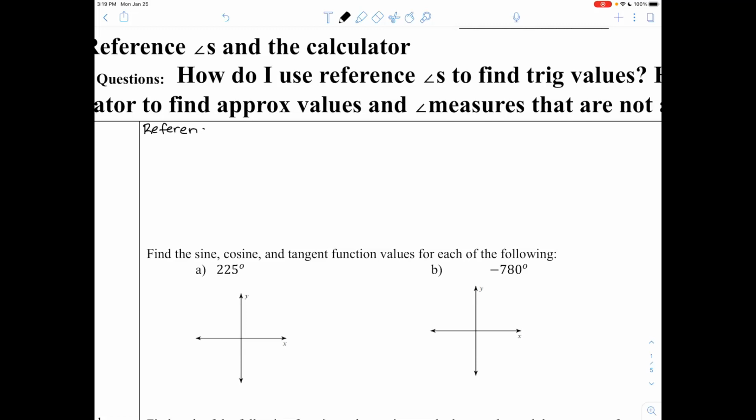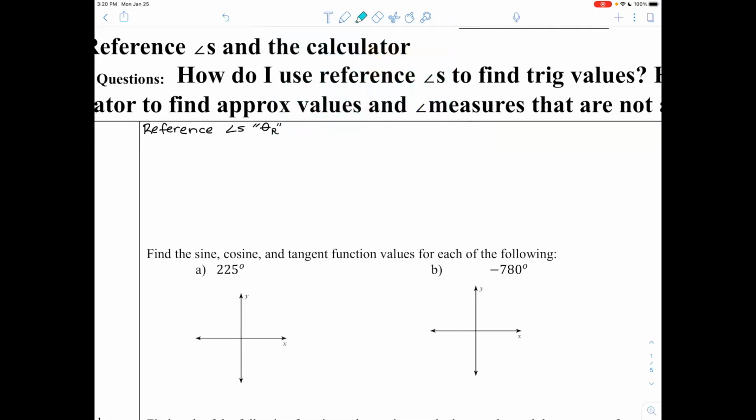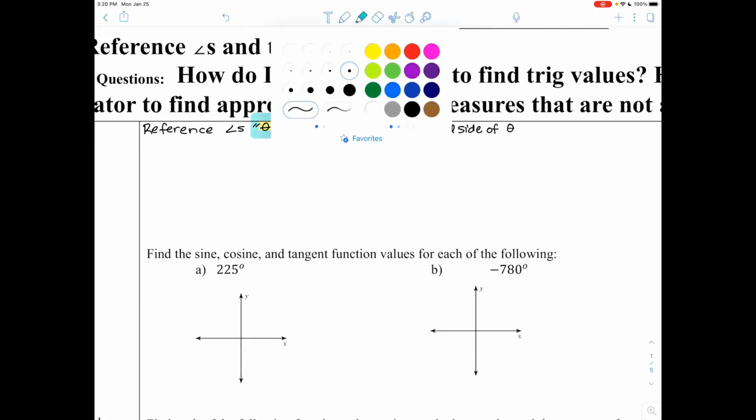Reference angles, denoted as theta sub r, thusly, are formed by the terminal side of theta. I'm going to highlight that in pink, I think.